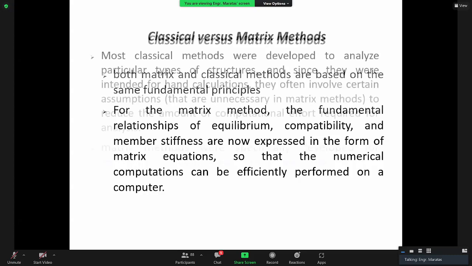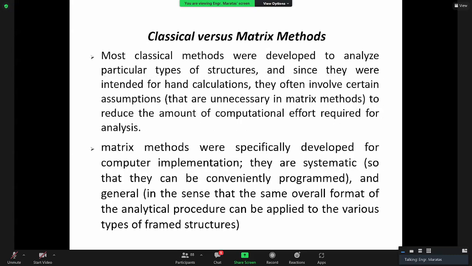So those computer programs that analyze structures, definitely they are using the matrix methods. Okay? So most classical methods were developed to analyze particular types of structures, and since they were intended for hand calculations, they often involve certain assumptions that are actually unnecessary in matrix methods, and that is to reduce the amount of computational effort required for the analysis.